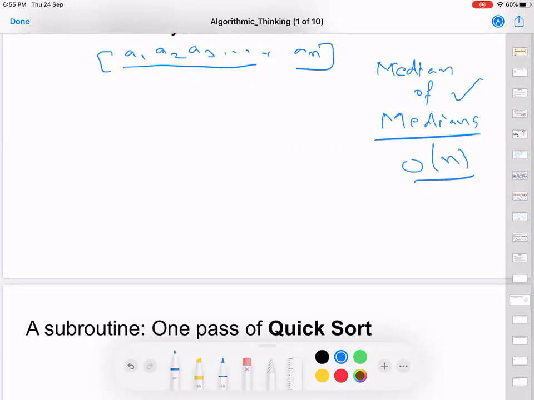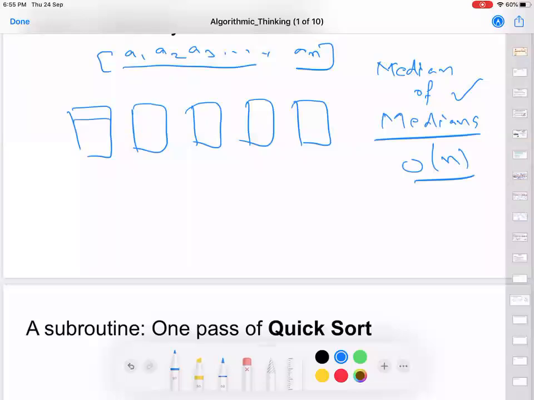So what you do is you make buckets of 5. Each bucket that you see is a bucket of 5 elements.